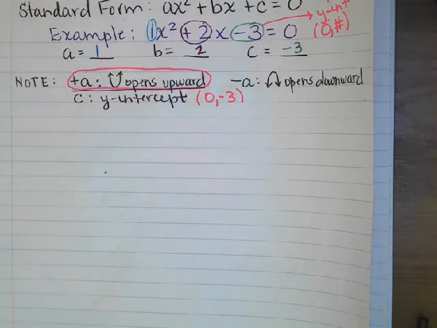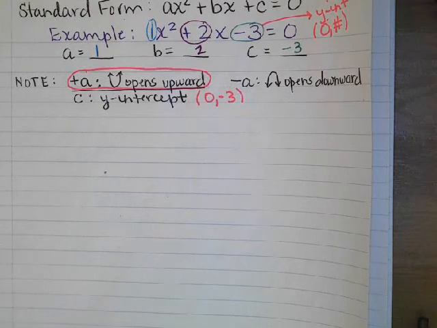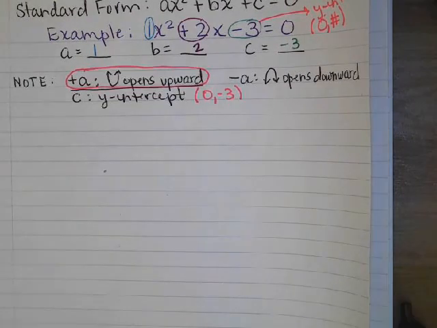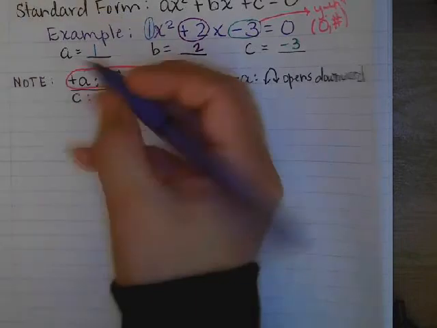Okay? Now, how is this useful? Because these numbers can help you find one of the most important points on a parabola, which is your vertex. Okay? So here's how you do that. There's something called the Axis of Symmetry that I talked about in the previous video, right?